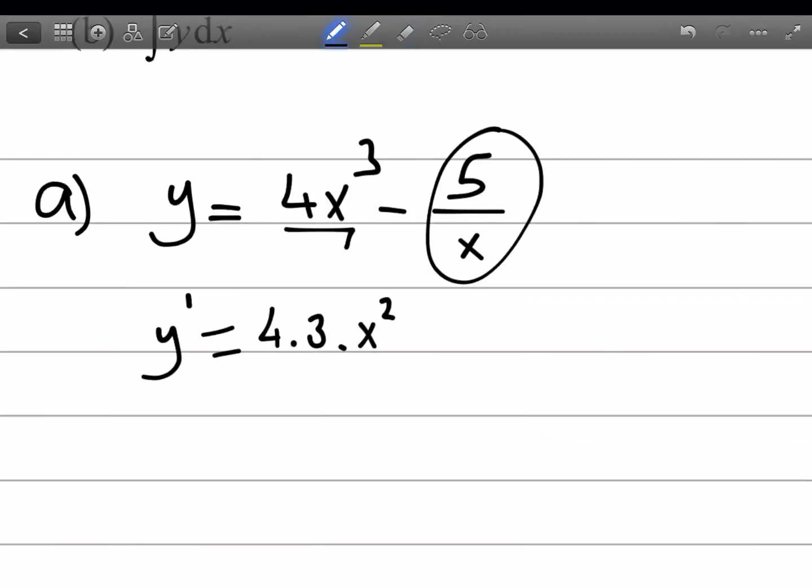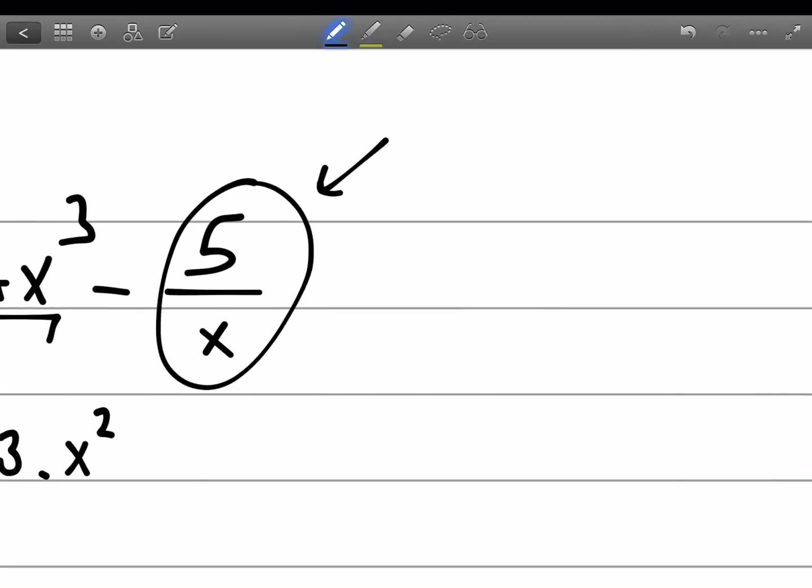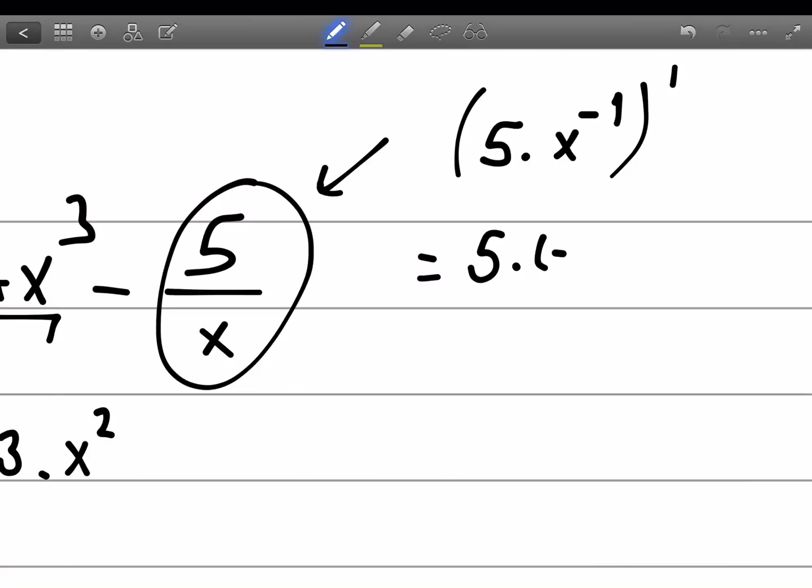So, what is the derivative of 5 over x? That will be 5 times x to the power of minus 1. The derivative of this is 5 times minus 1 times x to the power of minus 2.